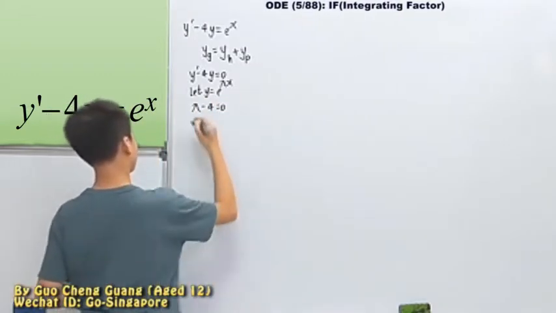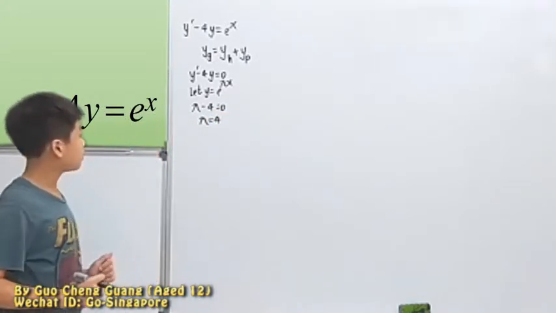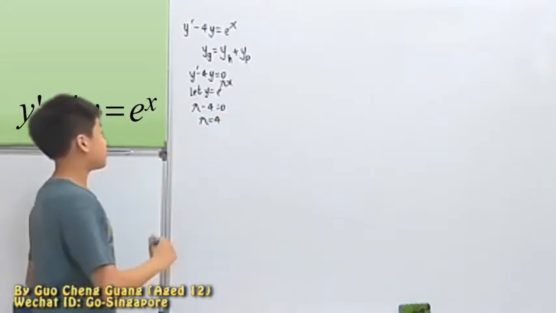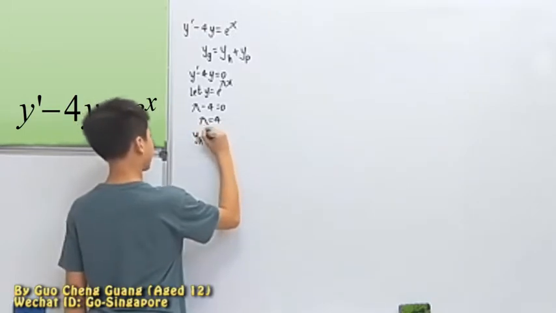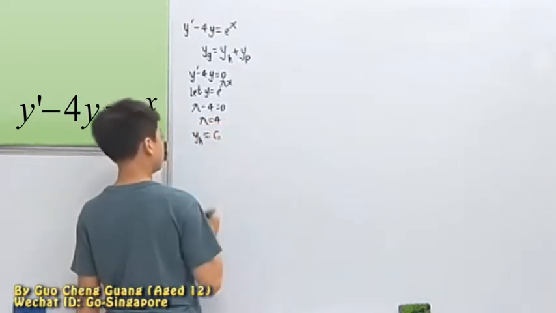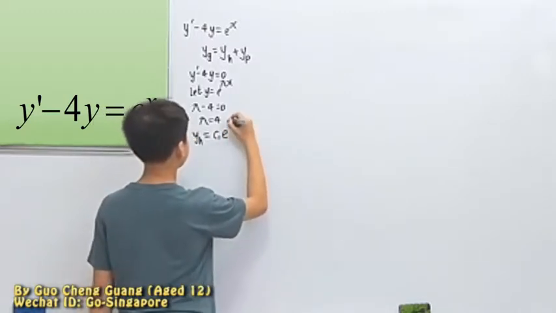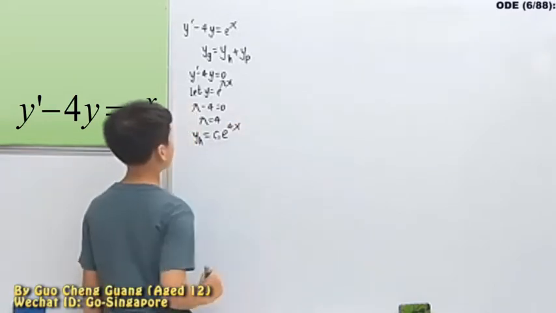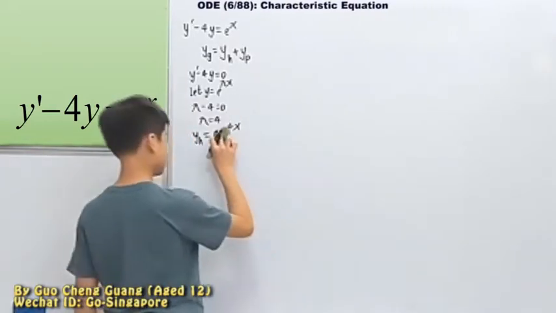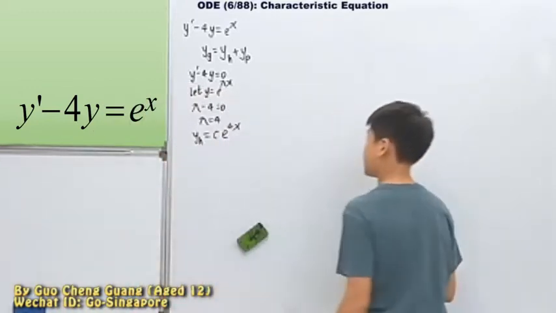And this is simple. You get lambda is 4. That means yh would be an arbitrary constant times e to the power of 4x. I don't think we have others here, so I'll put this as just c.